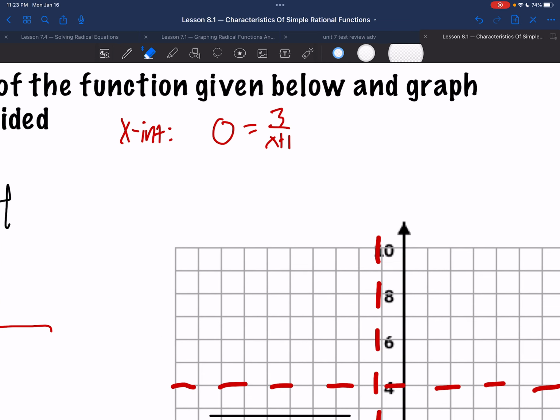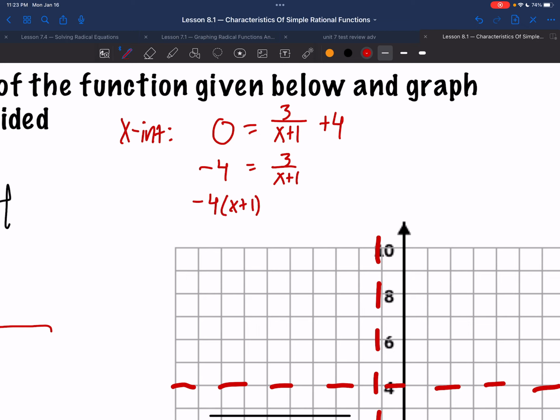Let me zoom in here so you can actually see what I'm doing. And then we'll just solve for x. Subtract 4 to the other side. I can multiply x plus 1 to the other side to get it out of that denominator. Yeah. Distribute that 4, or actually just divide by negative 4. That'd be easier. Don't distribute.